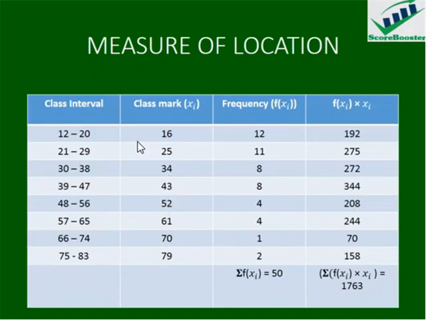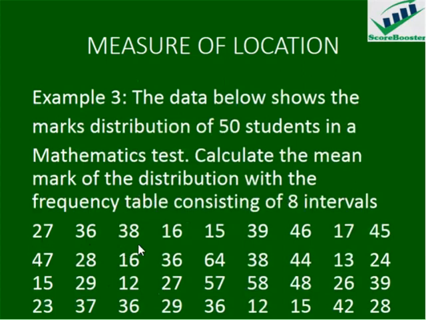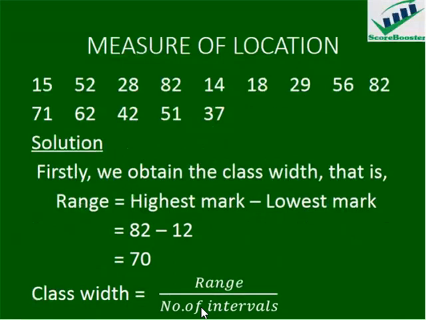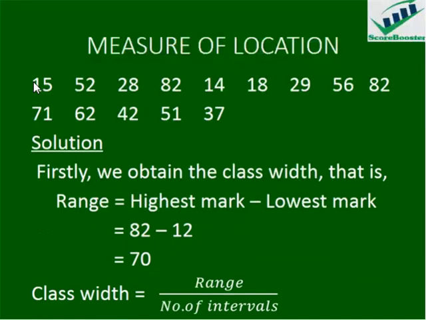So now look for the frequency, the number of times the marks within this range occurs, which is 12, 13, 14, up to 20. So we go to the set of data and then check the numbers within this range: 1, 2, 3, 4, 5, 6, 7, 8, 9, 10, 11, 12.